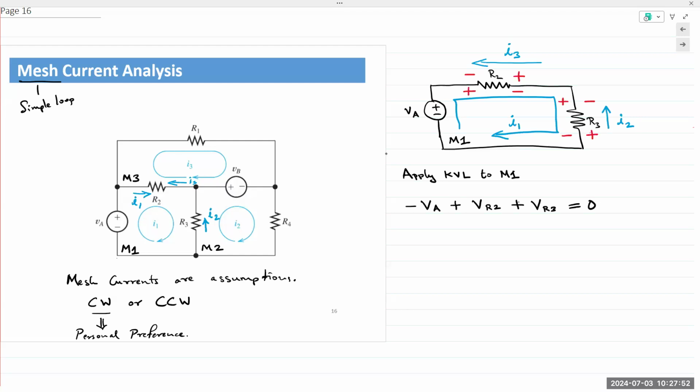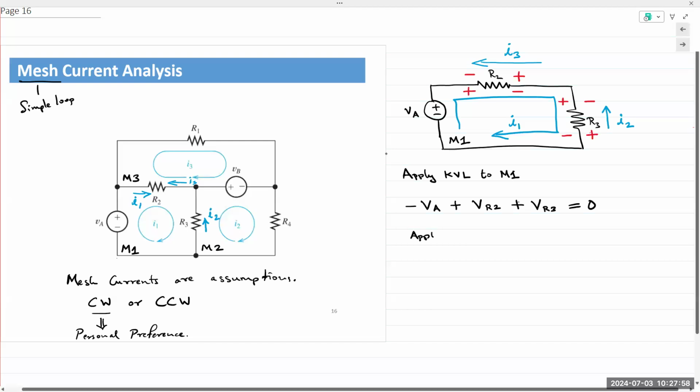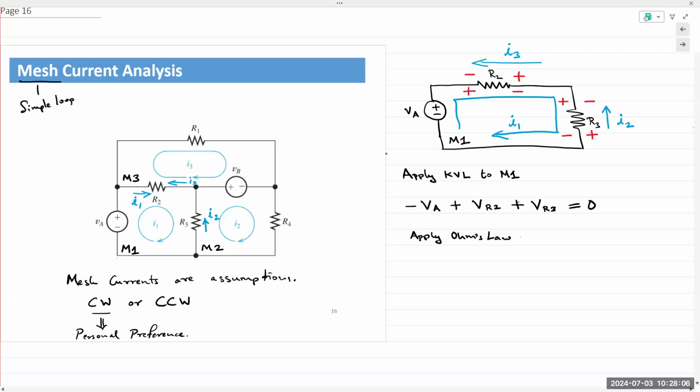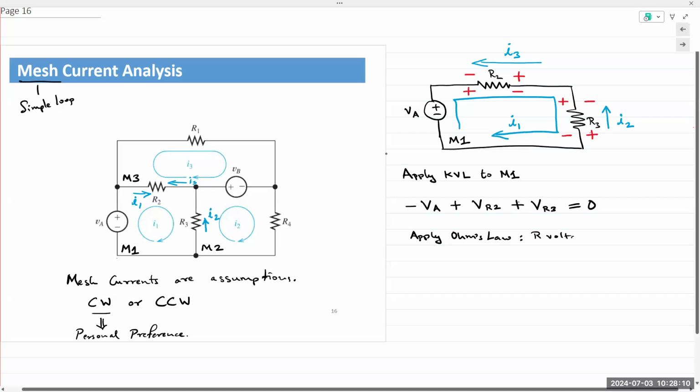And now here's the part that we have to be careful about. We apply Ohm's law and express each resistor voltage in terms of the mesh current.